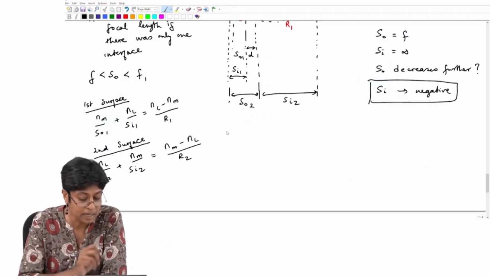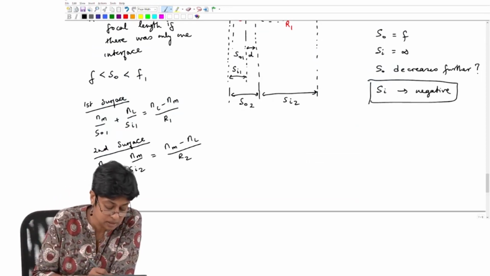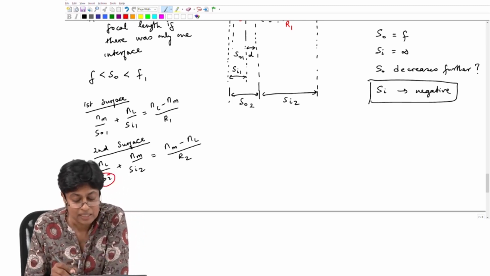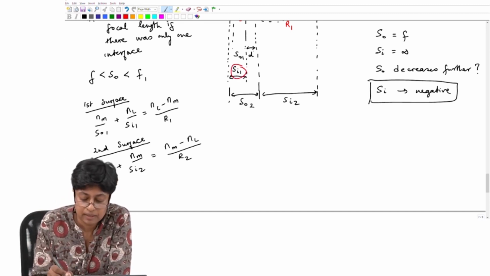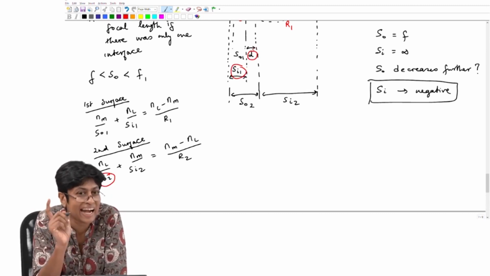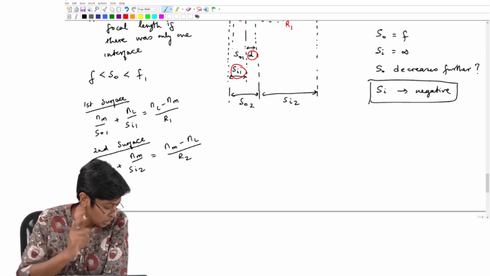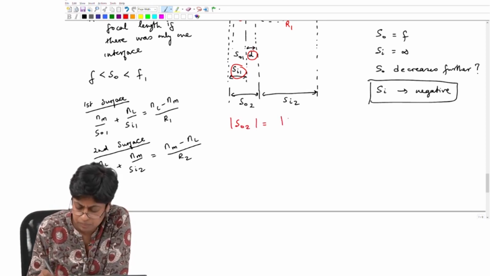So I have to be careful with these distances. I've written out two equations, but this term S_o2 is actually a sum of two terms, and I need to take the sign convention into account when I add them up. S_o2 is actually going to be S_i1 plus d.